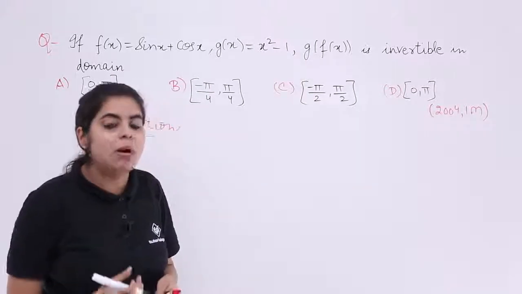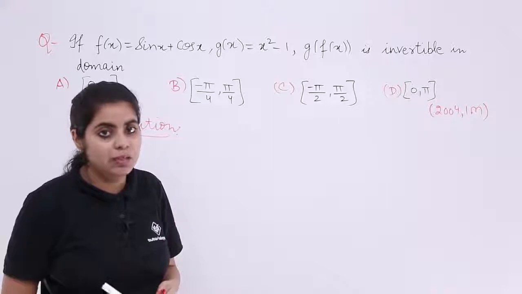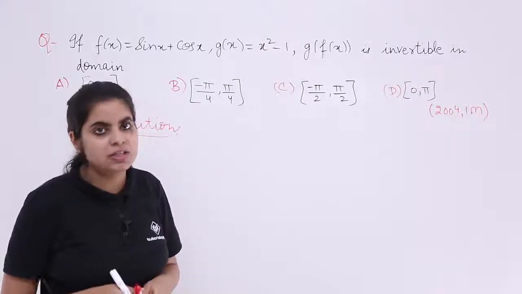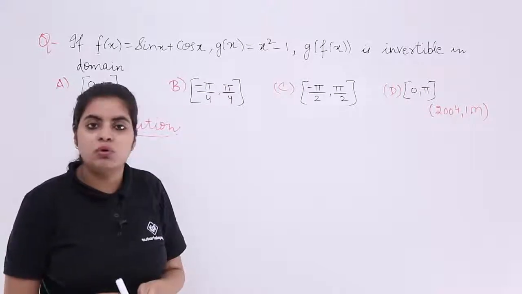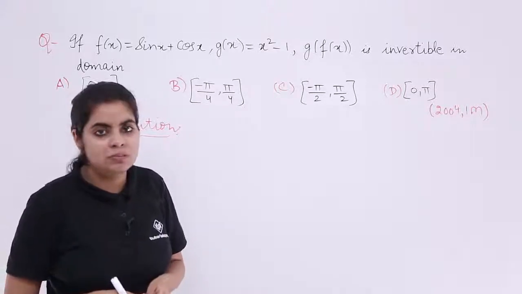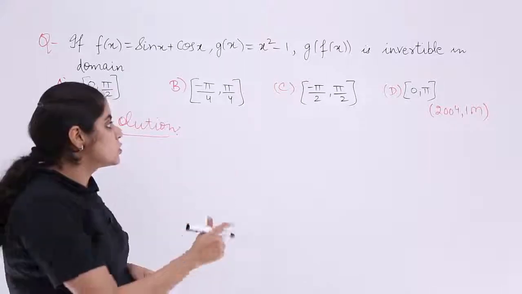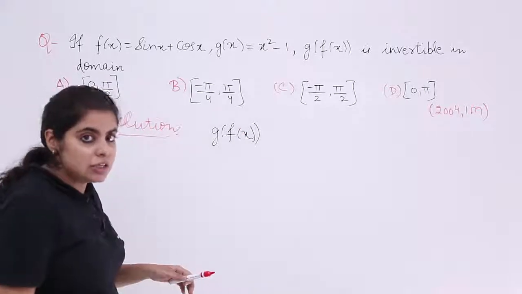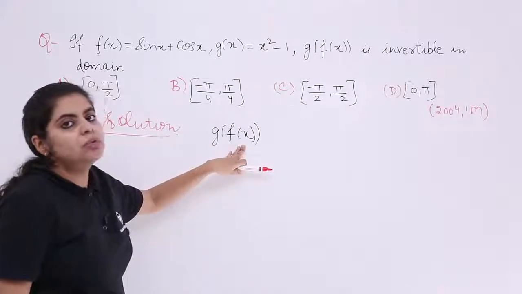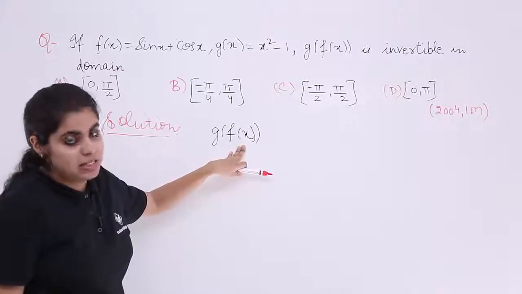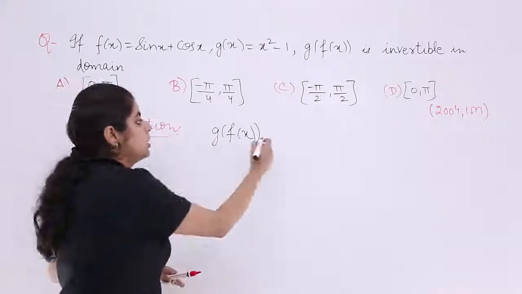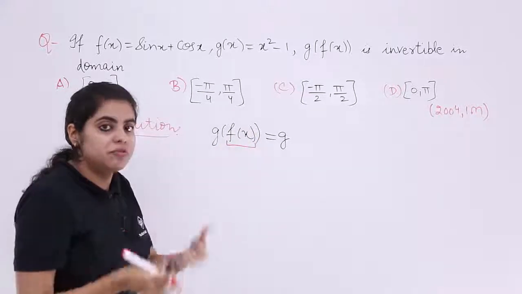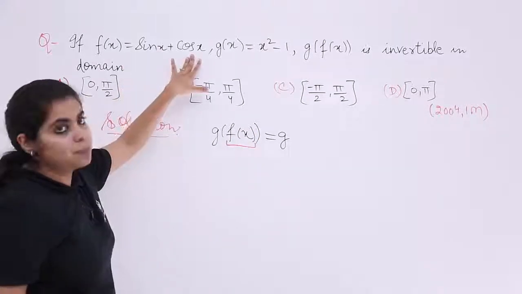Since it is asked to find the domain in which it is invertible, it is understood that the composition of a bijective function is given. If you want to know what a bijective function is, you need to watch my previous videos on bijective functions. So g of f(x) means wherever you have x, you need to substitute f(x). That is, g with f(x) in the bracket, where f(x) is sin x plus cos x.